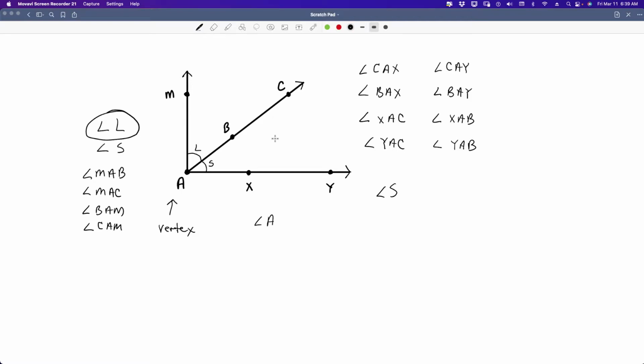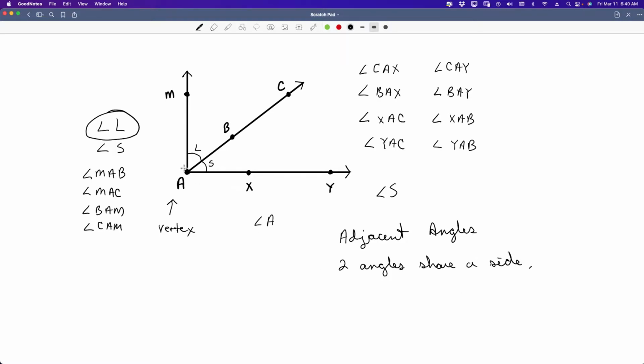So again, the term for these two would be adjacent. Let me see if I'm spelling that right. I am not. There should be a J right there. Adjacent angles. That is when you have two angles that share a side.